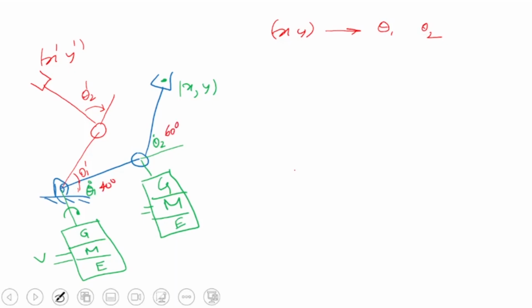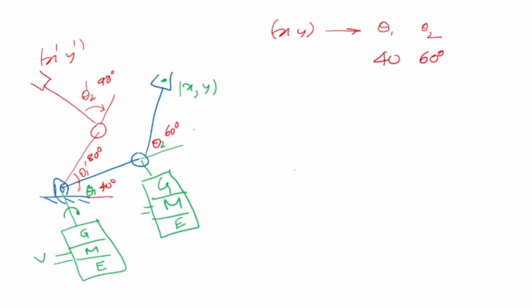But on the other side, this one is 80 degrees and this one is 90 degrees. So for this xy, inverse kinematics gives theta 1 equal to 40 degrees and theta 2 equal to 60 degrees.